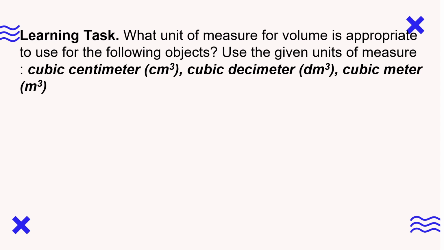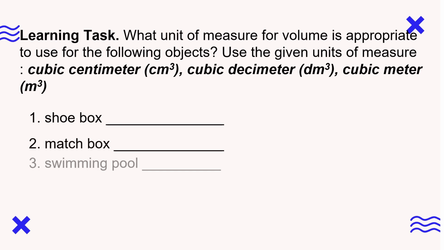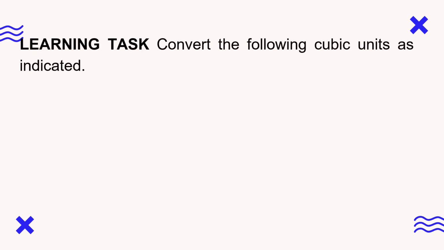So, tingnan natin. Shoebox, matchbox, then swimming pool. Shoebox is cubic decimeter. Pwede rin naman natin cubic centimeter. Matchbox, syempre maliit yan, kaya automatic cubic centimeter. Then, the swimming pool, dahil malaki ang swimming pool, it is cubic meters. Yun yung sagot.